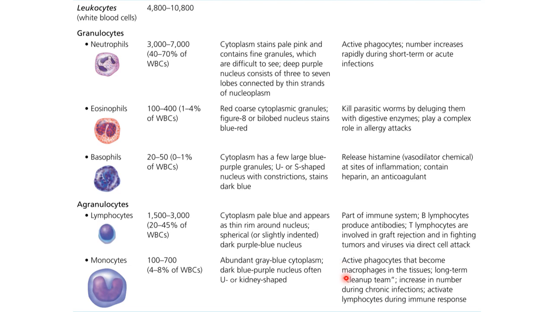So magaling siyang kumain ng pathogens and dead cells. That's why for long-term infection, it serves as the cleanup team. Okay? And it helps lymphocytes by telling the lymphocytes what particular pathogens are present. No? So it is how the lymphocytes know what pathogen is present through the action of macrophages.